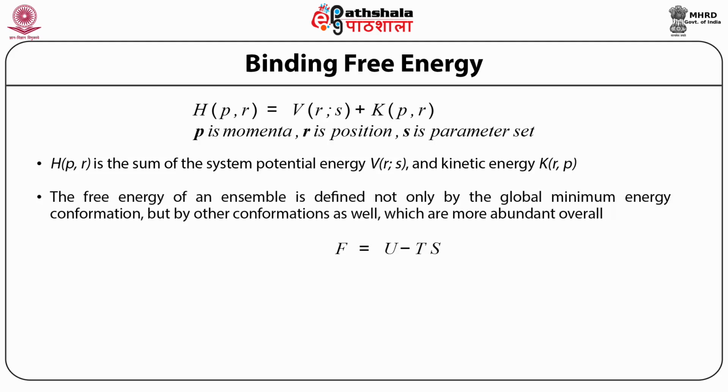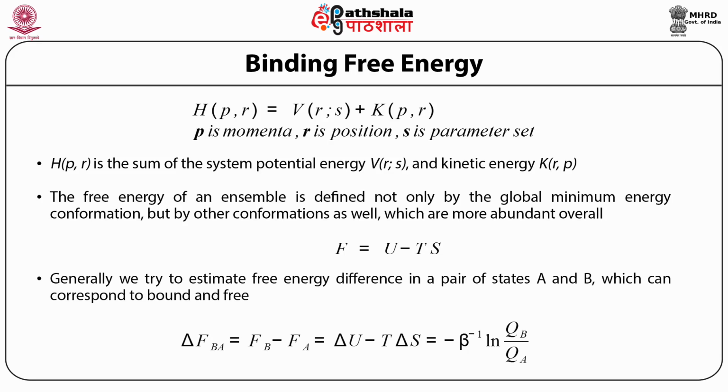And free energy is simply written mostly as U, which is enthalpy or energy of the system, minus TS, that is the temperature multiplied by entropy. Actually, the binding free energy, its definition is that if B binds to A, then that excess energy or the energy which you release by binding, it may be positive, it may be negative, should be calculated in this form, F_B minus F_A.